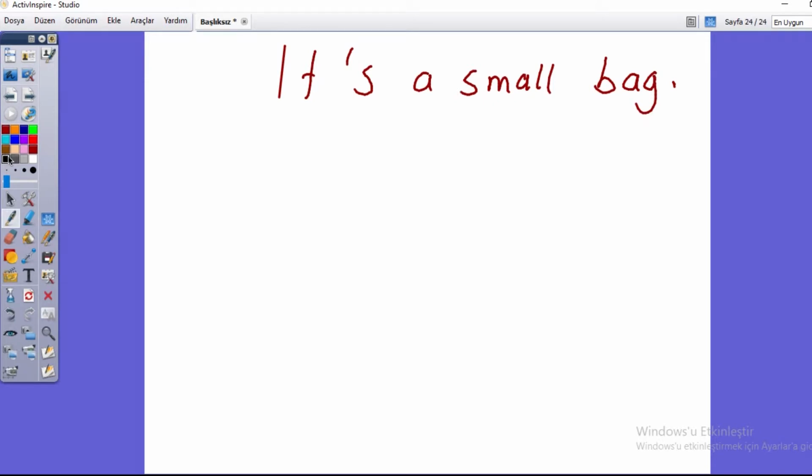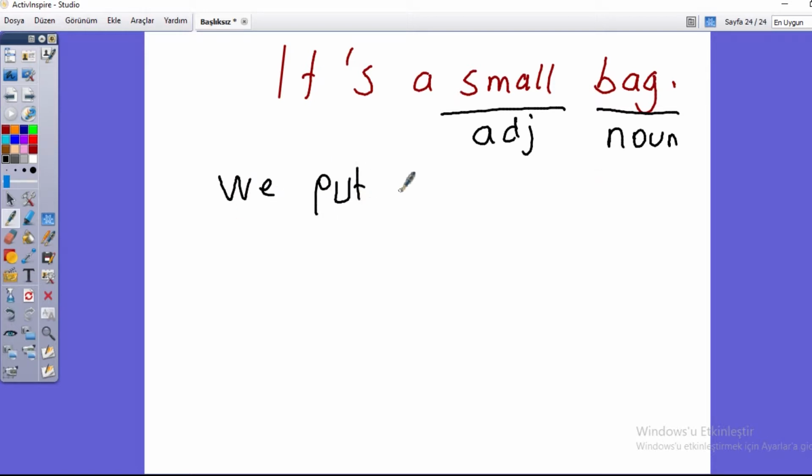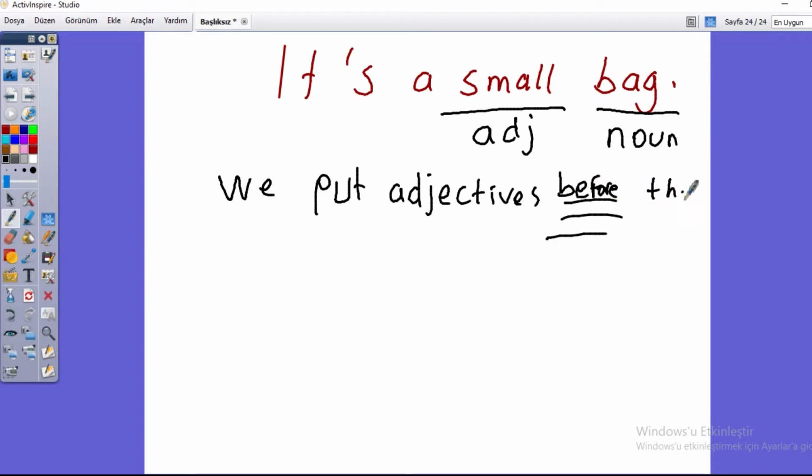Let's write it. So, small is the adjective, bag is the noun. So, adjectives come, of course, before the noun. So, we put adjectives before the noun.